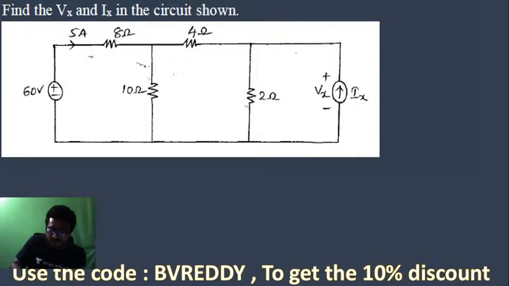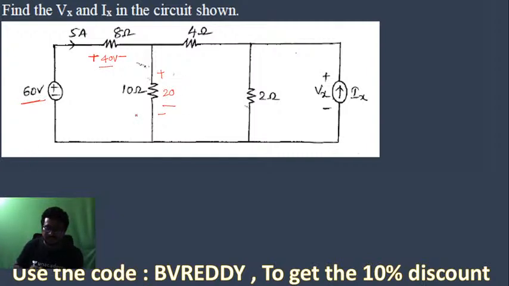Here they have given this value. This current is given as 5. I can get this voltage. Now how much is this voltage? 40. Yes, this is 40. Then how much is this voltage? I can say this is 20. Yes, this is 60 now.